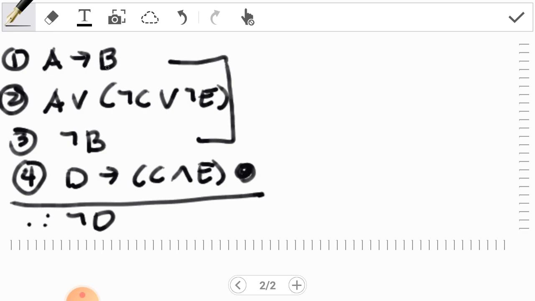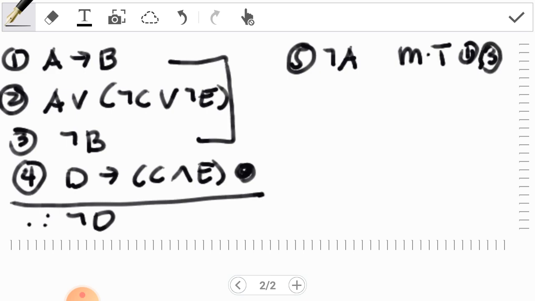A implies B. We have not B. Therefore, the conclusion there must be not A. Modus tollens using 1 and 3. We obtain not A.